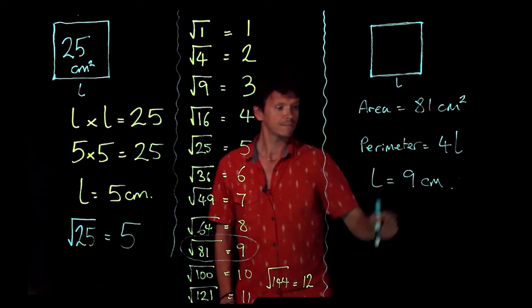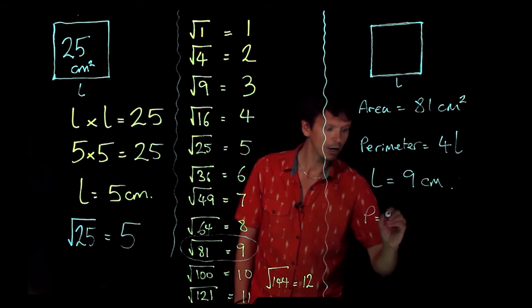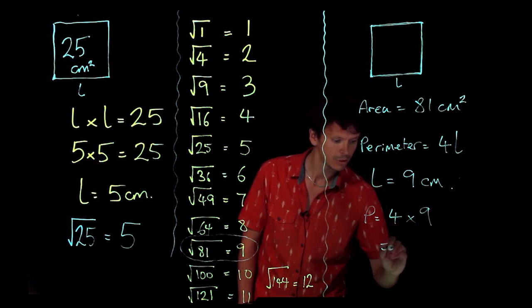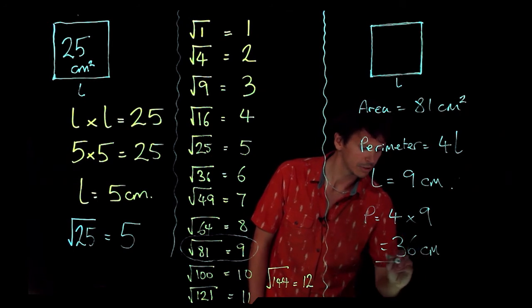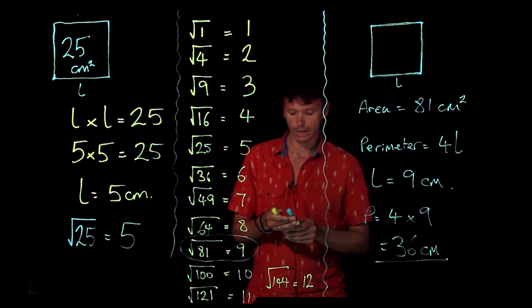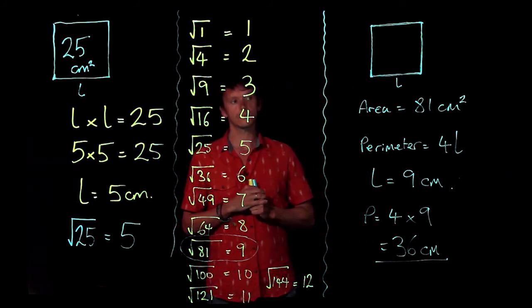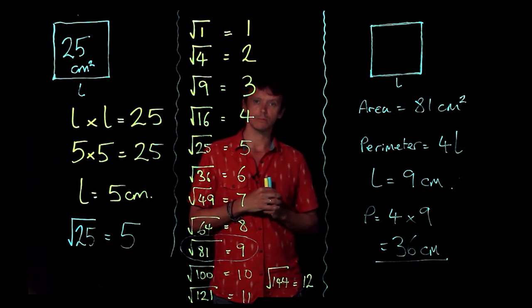Once we've found L, it's very easy now to find the perimeter. Our perimeter equals 4L, which is 4 times 9, which equals 36 centimetres. That's the perimeter of that square. And that's how we generate square roots, and that's how you might need to use them in an exam type question.